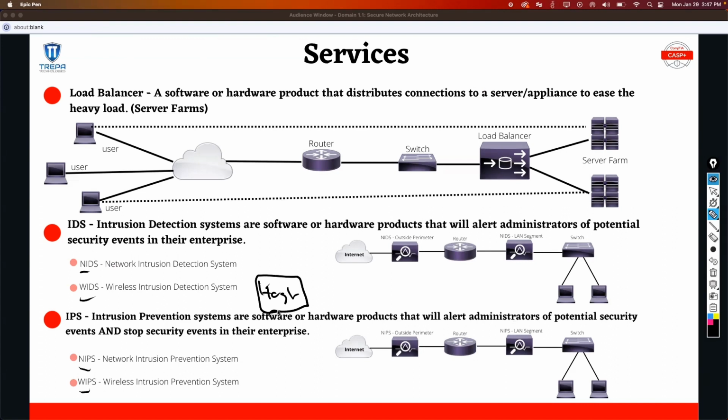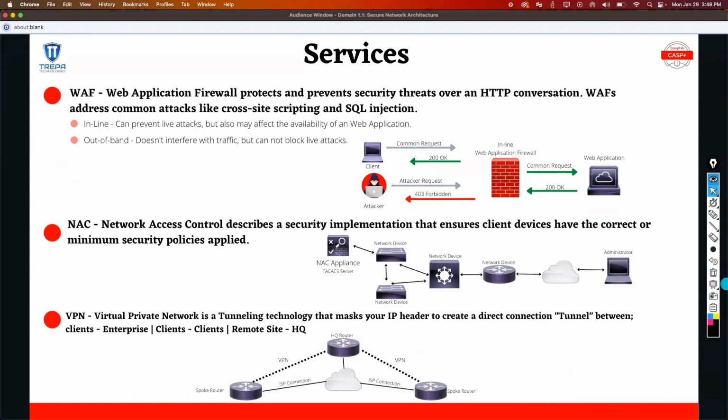Now, intrusion prevention systems, whether on the network, wireless or host-based, are going to detect and also prevent and stop security events in the enterprise. It's also going to alert you as well, but the main difference is that a NIPS, a HIPS, or a WIPS is going to prevent something malicious from happening. So more that proactive approach. And don't worry, guys, I'm recording this. So if it seemed long-winded and deep, you can always go back and watch.